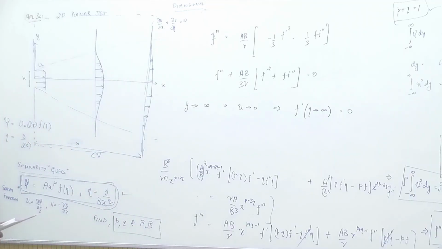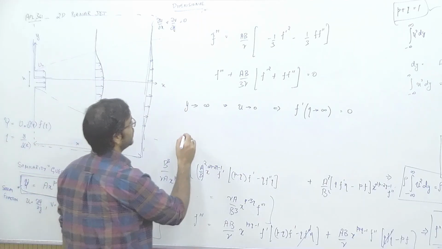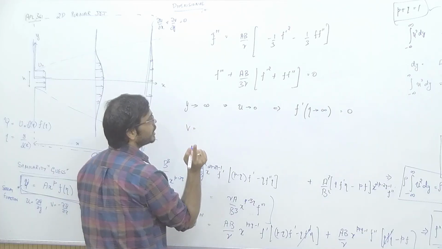What is the other boundary condition that we can make? Can we say something about f primes and all those are fine? Can we say something about f? So let us look at v. Okay, v had what?